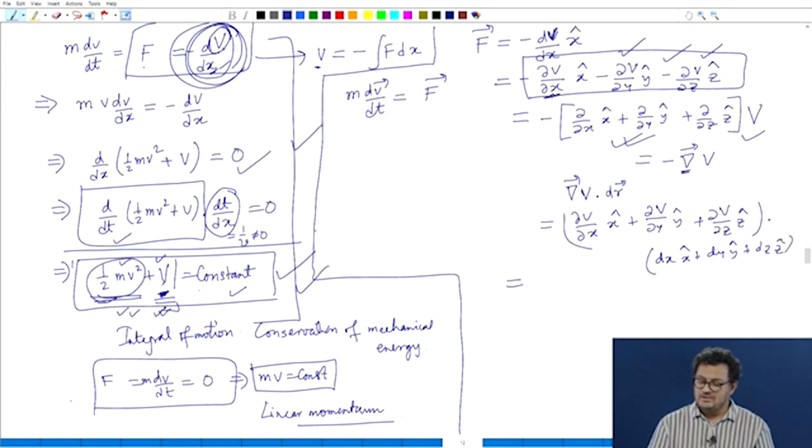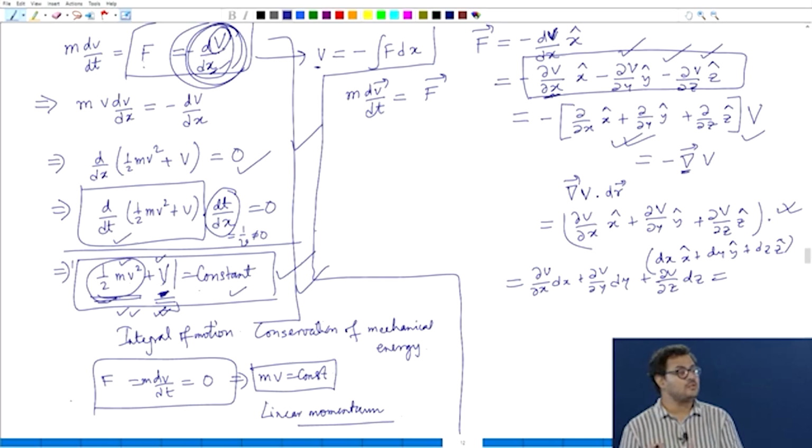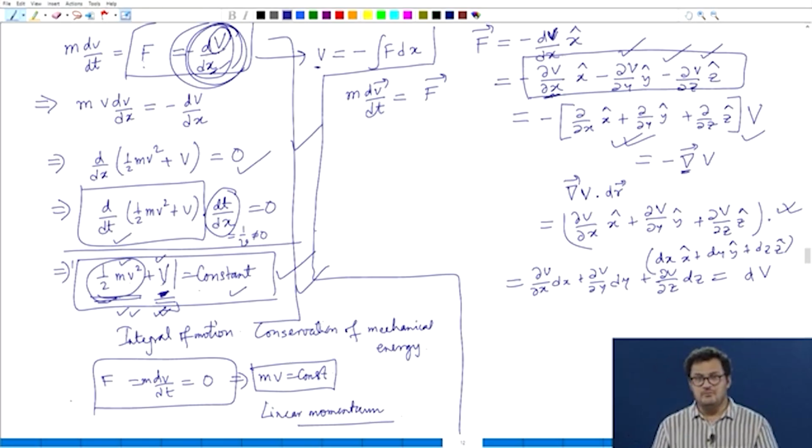Since this is a scalar product between two vectors, it gives simply ∂V/∂x dx plus ∂V/∂y dy plus ∂V/∂z dz. And by the chain rule of partial differentiation, this is nothing but the definition of the total differential dV. Okay, dV.